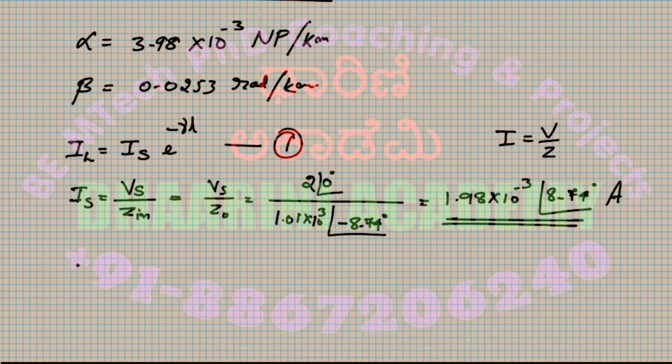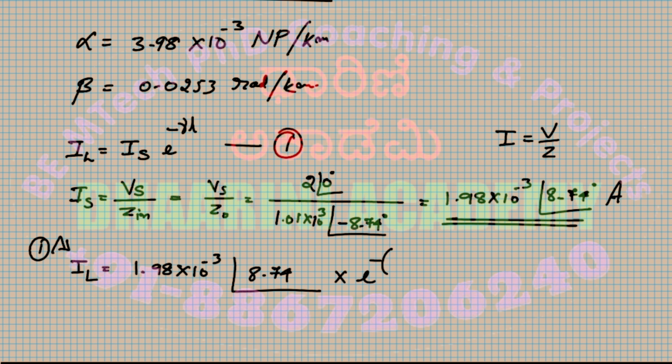Now you calculate the current that is flowing at the load. Substitute in equation number 1. IL is equal to IS, that's this value, 1.98 into 10 to the minus 3 at an angle 8.74, which you need to multiply with e to the power minus gamma L. Anyway, we have the gamma value. You are free to use whichever format you want.